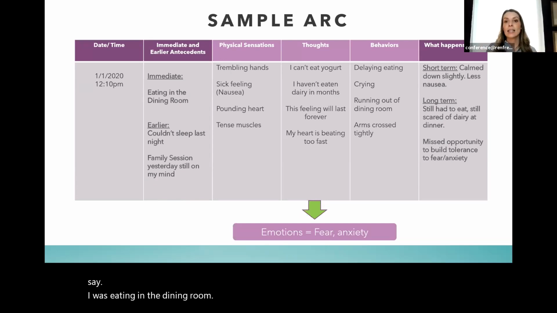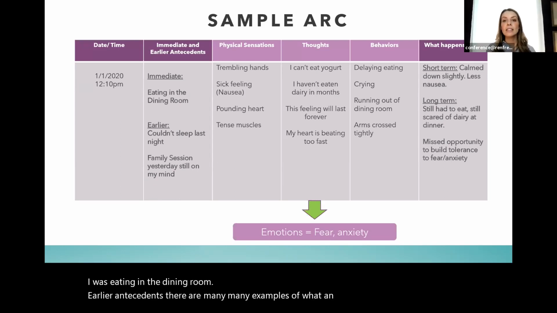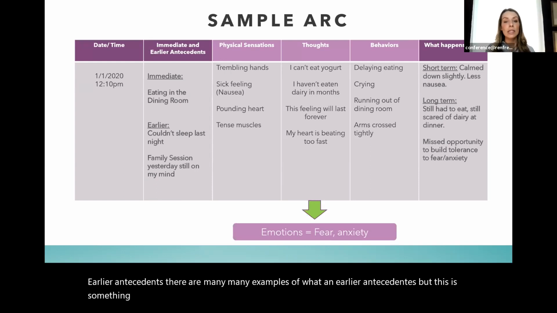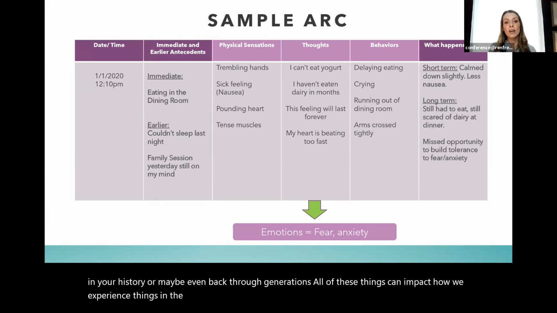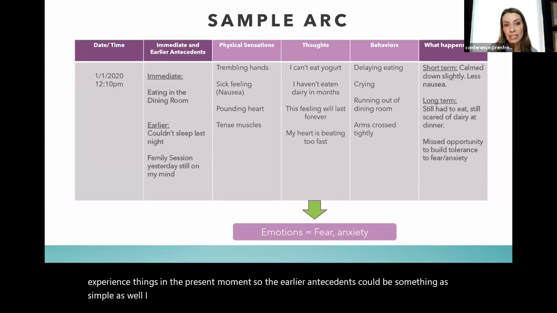Earlier antecedents, there are many, many examples of what an earlier antecedent is, but this is something that maybe happened earlier in the day, a week before, even way back in your history, or maybe even back through generations. All of these things can impact how we experience things in the present moment. So the earlier antecedents could be something as simple as, well, I didn't really sleep very well last night.